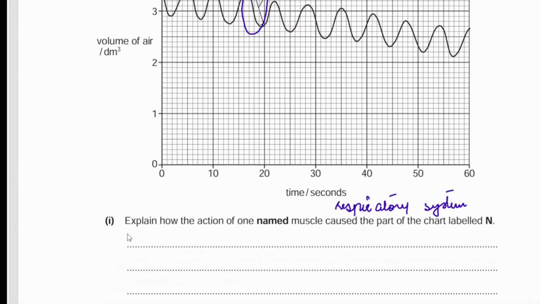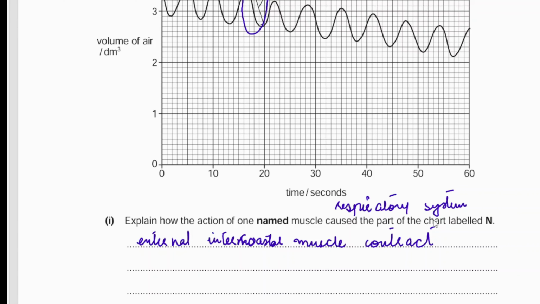Yes, you can say external intercostal muscles. What would they do? They would contract. That's why the volume is going down.